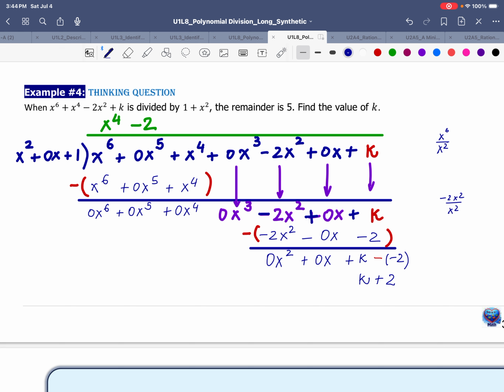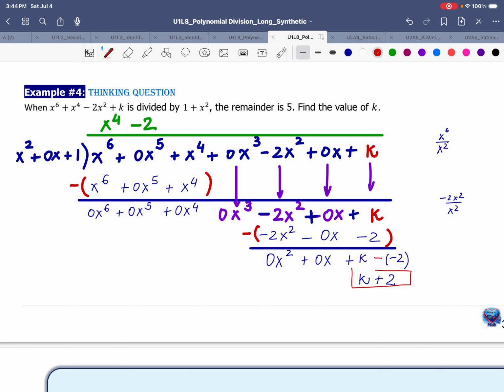Now remember that k plus 2 will be the remainder. The reason I can say that with confidence is because this would be a constant term. True that we don't know the value of k, but we know that this is going to be a constant number, and a variable x to the power of 2 does not fit into here. So we can't continue the division.